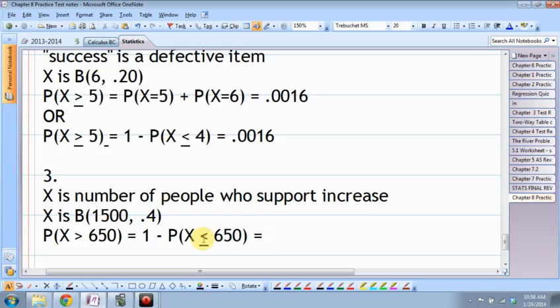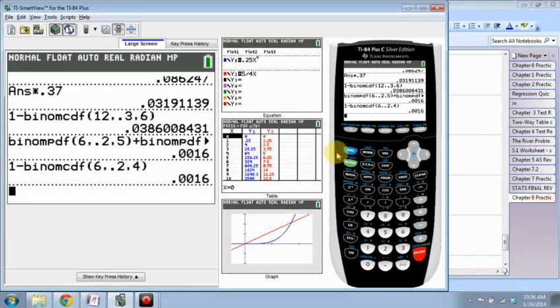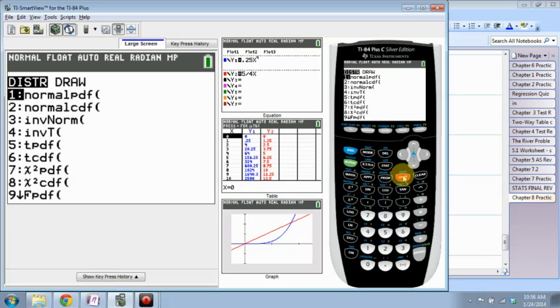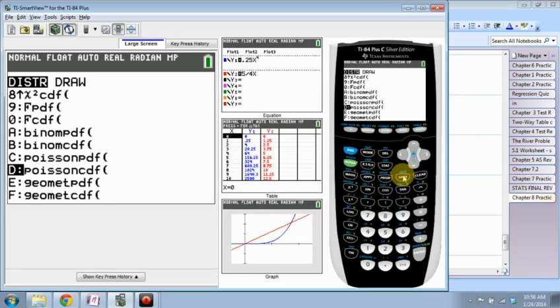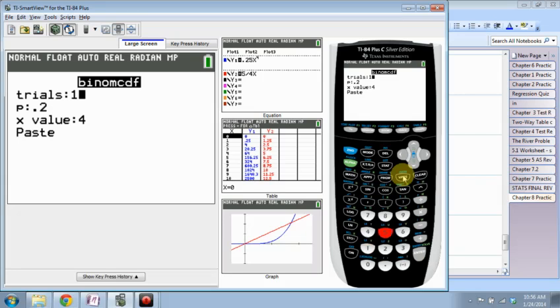And then straight to the calculator again. So 1 minus the binomial CDF, 1,500.